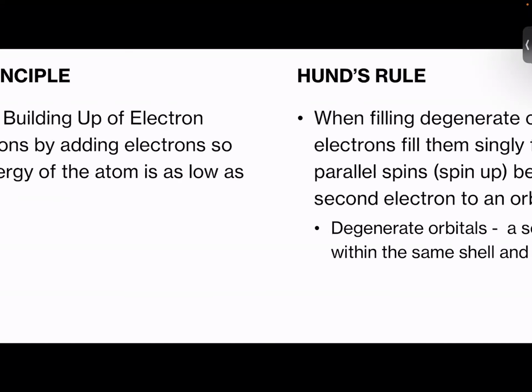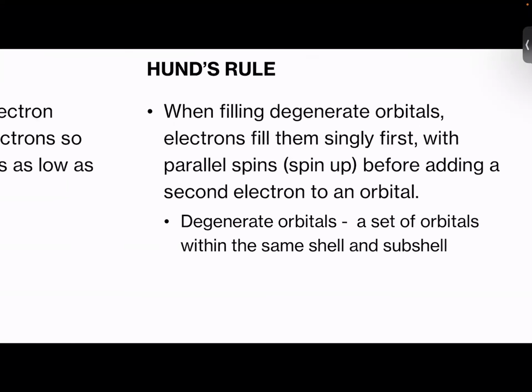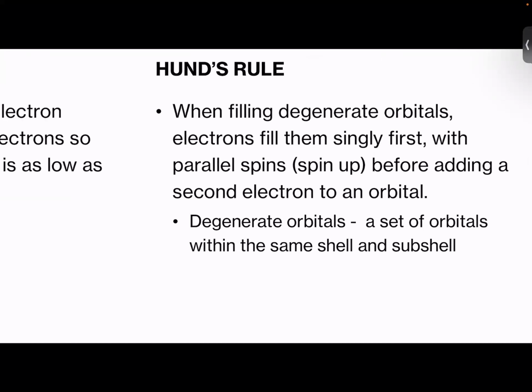The second principle that we use is Hund's rule. Now, we actually haven't seen Hund's rule in effect yet. Hund's rule says that when you fill degenerate orbitals, you place one electron in each orbital before you pair them. Now, Hund's rule comes up with this term of degenerate orbital.